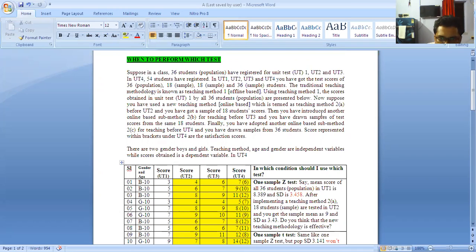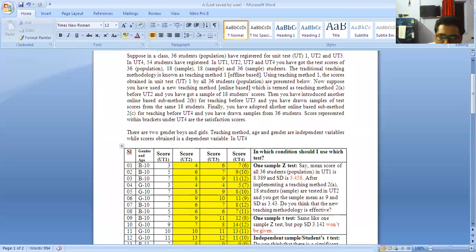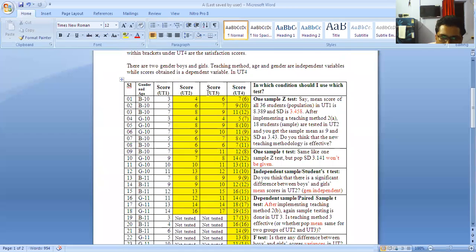Then you introduced another online-based sub method, teaching method 2B, before unit test 3, and you drew samples of test scores from the same 18 students.